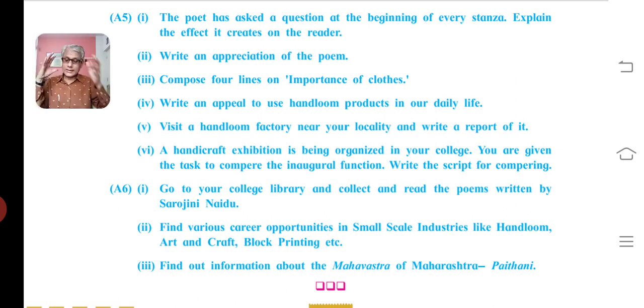So the title of the poem Indian Weavers is also appropriate. Now the second point, theme of the poem. The theme of the poem Indian Weavers is the cycle of human life.